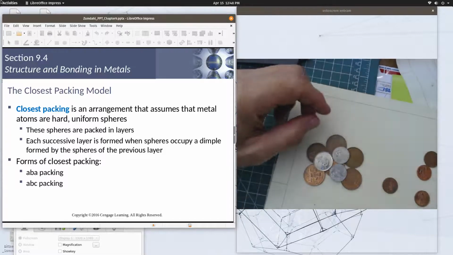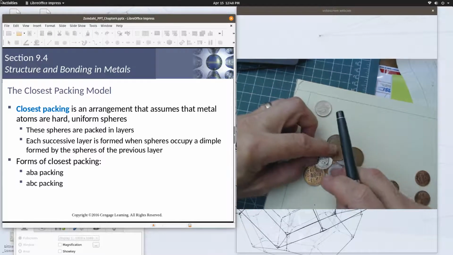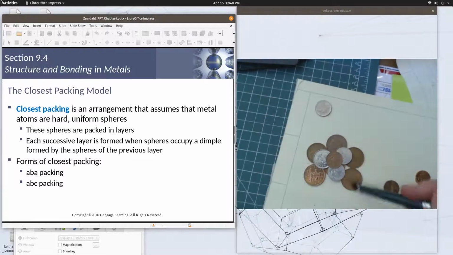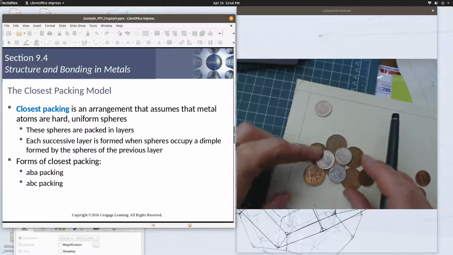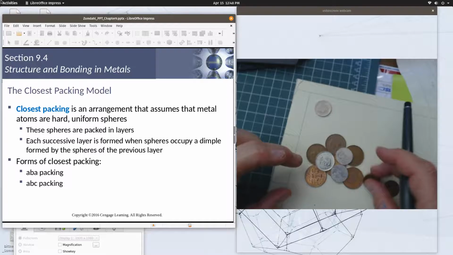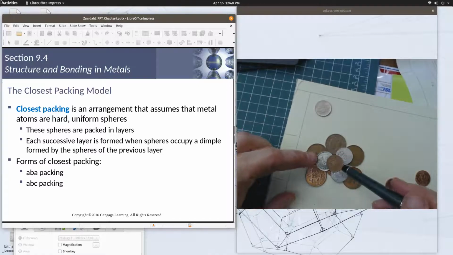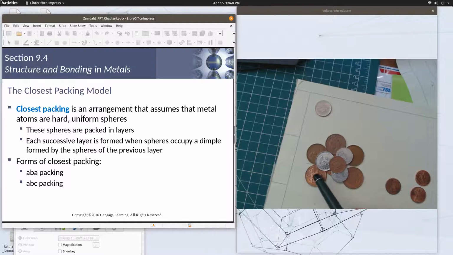So I could sit it right here, right there. I guess it's an ABA lattice. In other words, this third layer is sitting directly on top of the first layer, so it's identical in its packing to the first layer. Here's the first layer, second layer, third layer. This third layer atom lies right on top of where the first layer atom would be.